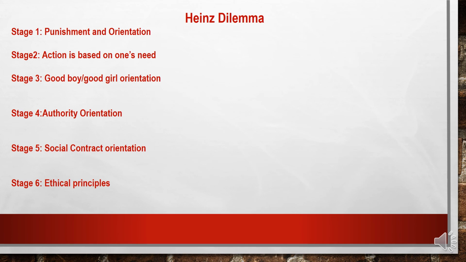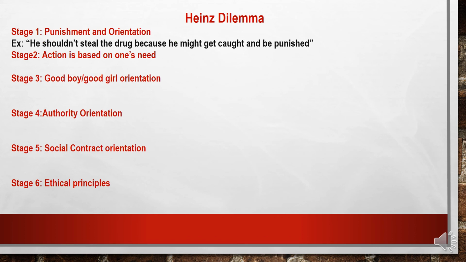So let us digest the Heinz dilemma that we discussed a while ago. Let's discuss the different stages by applying this Heinz dilemma. Stage 1 is punishment orientation. Example: he shouldn't steal the drug because he might get caught and be punished. Okay, so that's stage 1.